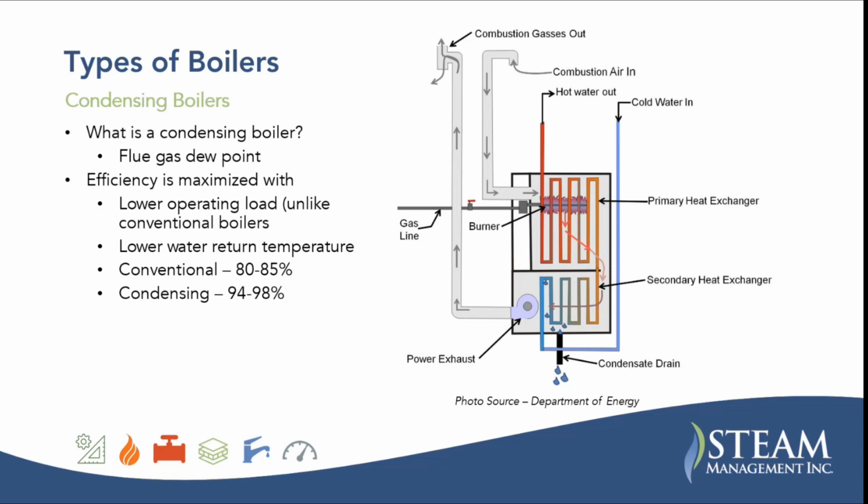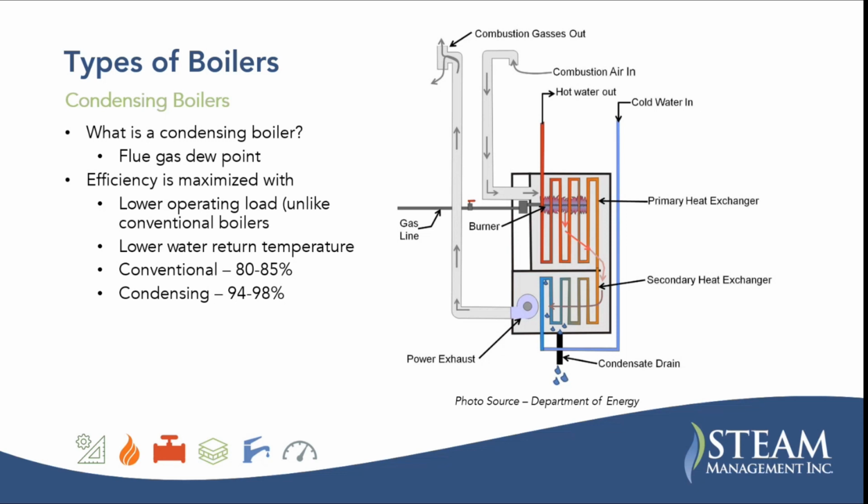One thing that really enables many condensing boilers to work is a cold water inlet temperature. The standard recommendation is for this return temperature to be below 130 degrees, so that this heat exchanger is dropping the flue gas temperature low enough to capture that additional capacity.